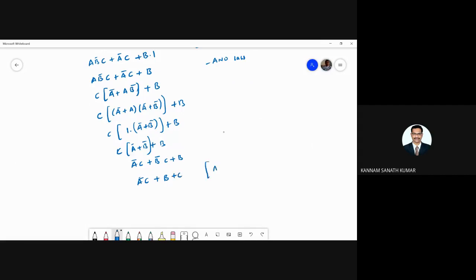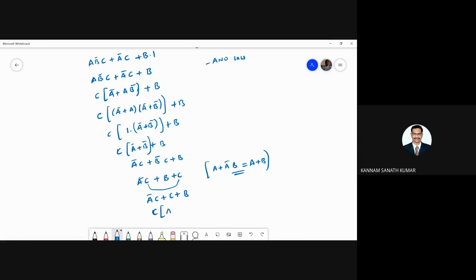Because you have one rule, A plus A bar B equal to what? A plus B. I applied this rule, or you can apply the distributive law. You can minimize the given expression. From these two, you apply the commutative, A bar C plus C plus B. You can take C common.